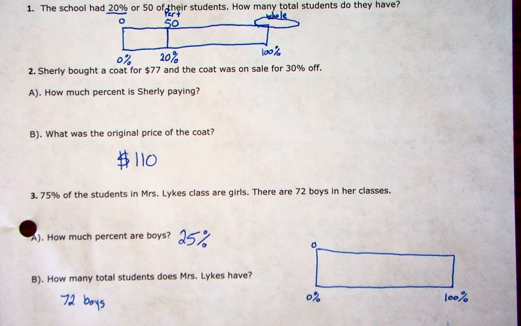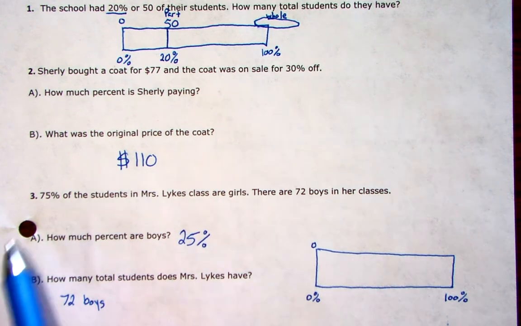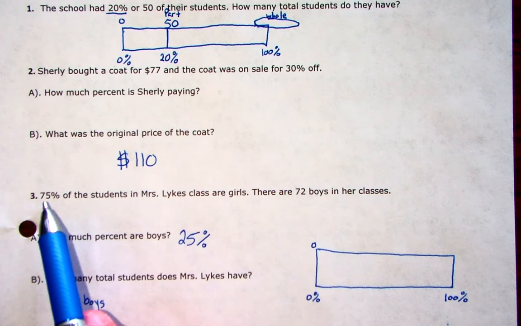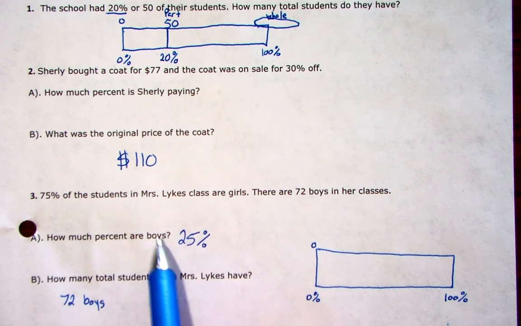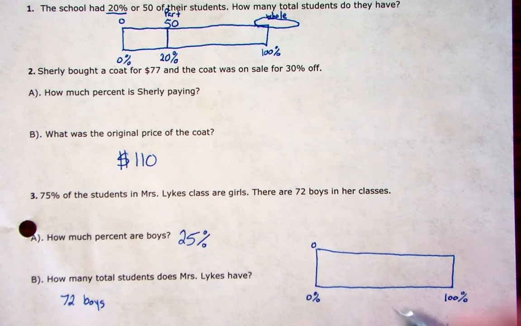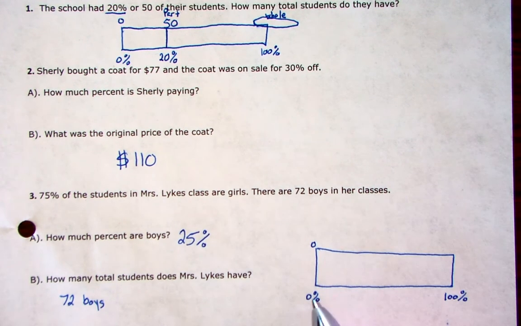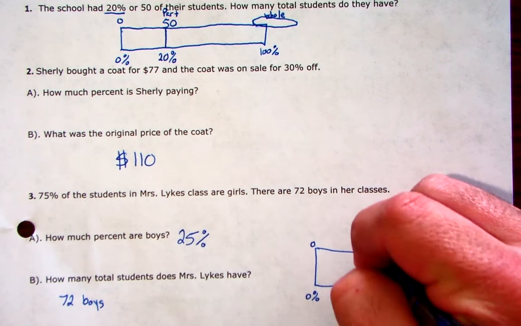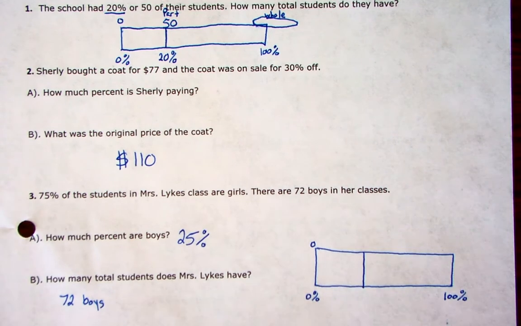Alright, so let's see here. We do know one thing. It tells us that 75% are girls, but we know that 25% are boys. So here's what I'm going to do. I'm going to take this 25%, which represents the boys. 25% is closer to 0. So 25% we'll say is about right there.